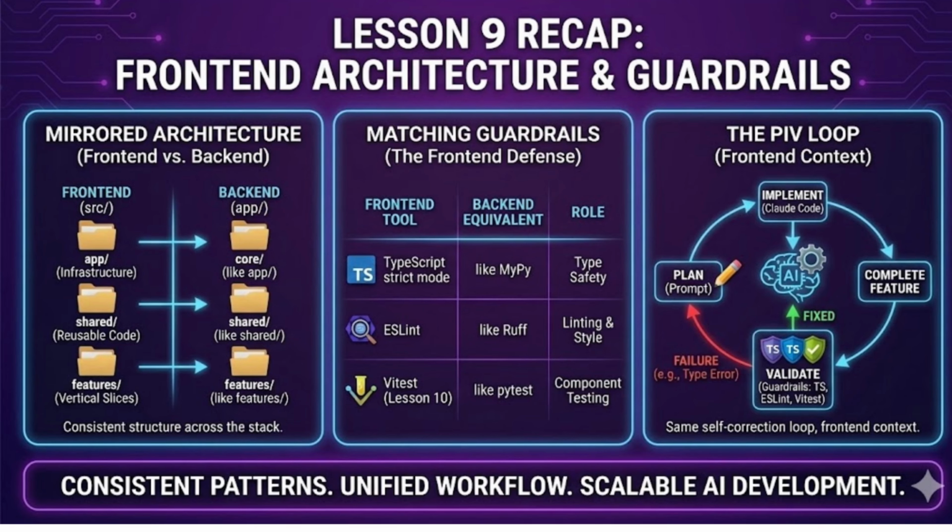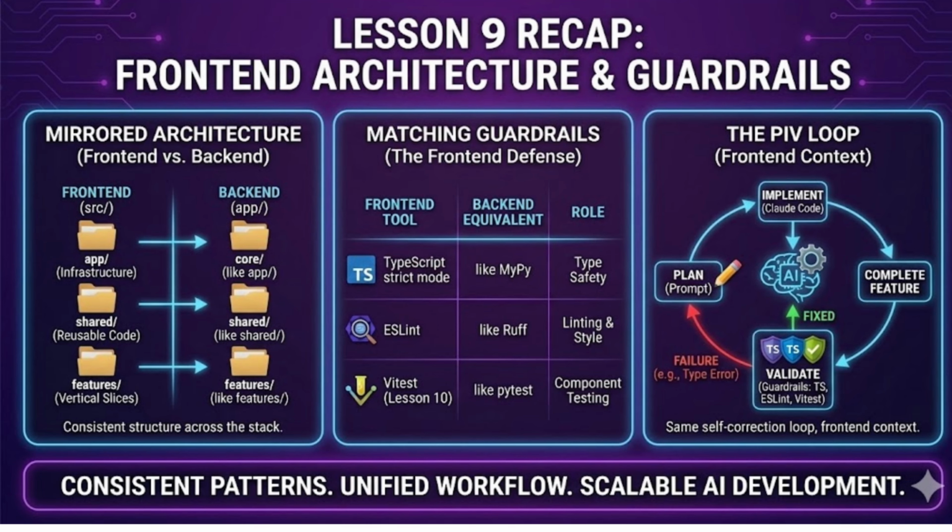Let's recap. The front end mirrors the back end, and this allows for consistent organization and keeps everything the same for the AI. The guardrails match up in similar fashion. TypeScript strict mode allows for type safety. ESLint, like Ruff, gives linting and style. Vitest, which we'll be discussing in Lesson 10, is similar to PyTest for component testing.